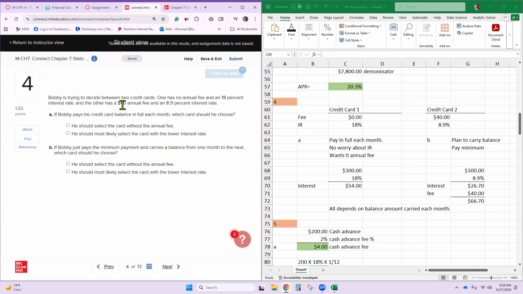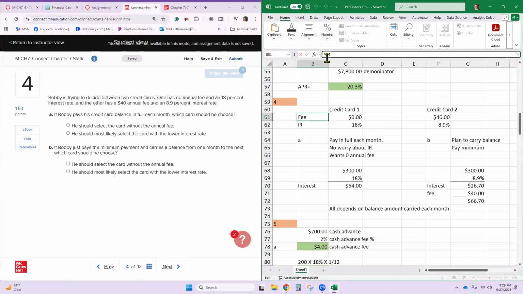The other has a $40 annual fee and an 8.9% interest rate. So I put both of those here side by side. The annual fee gets charged to the card, so you have to pay it in order to even have it active, I believe.